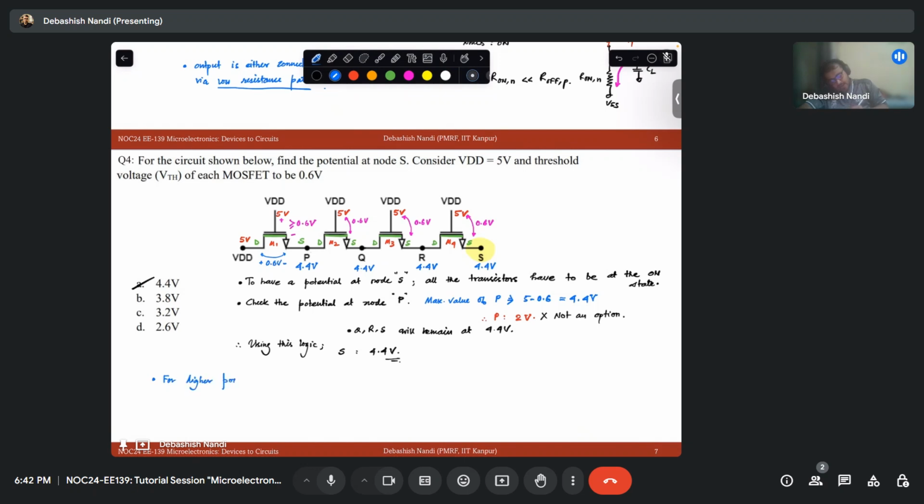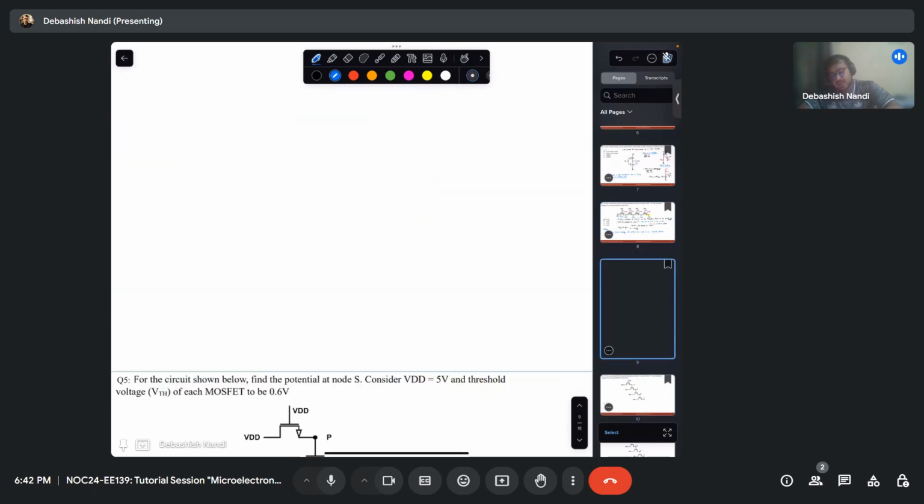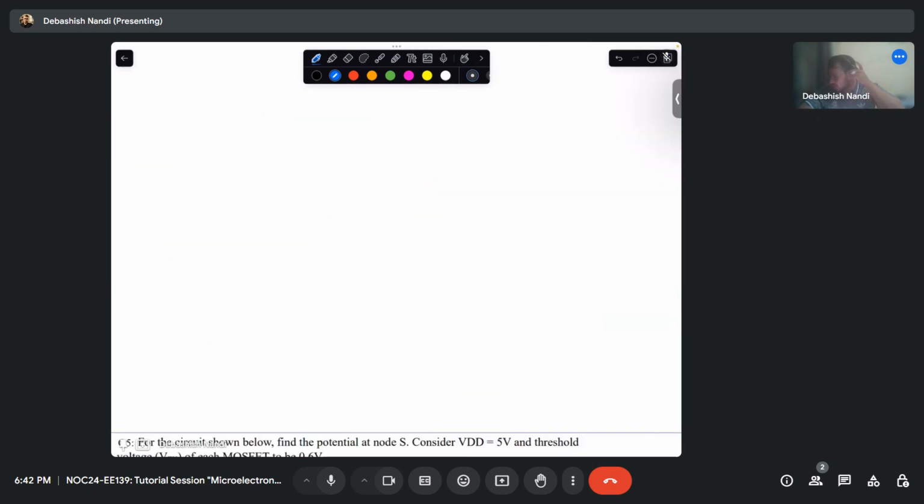For higher power handling, RF switches are used in a stacked fashion. Let me briefly elaborate on that point.